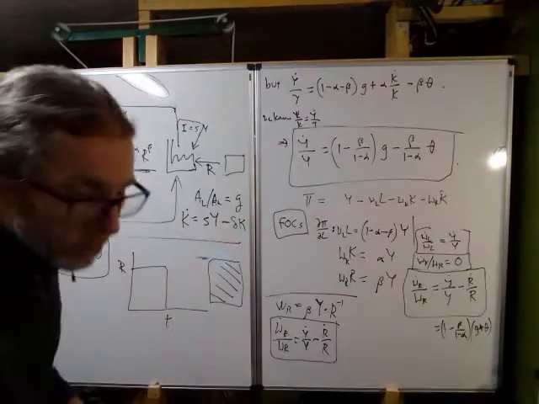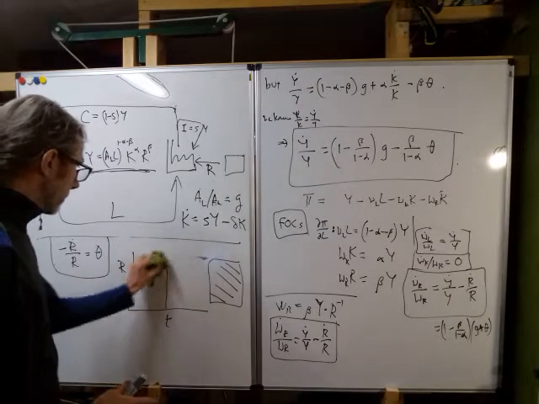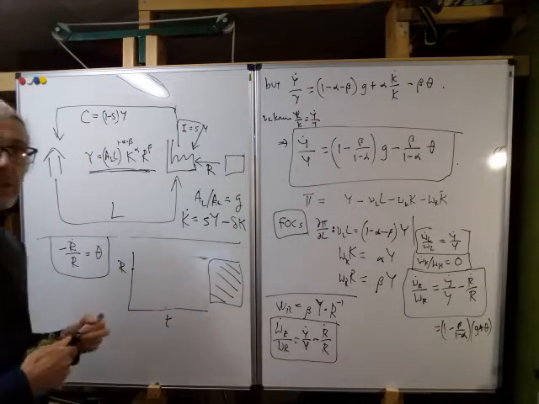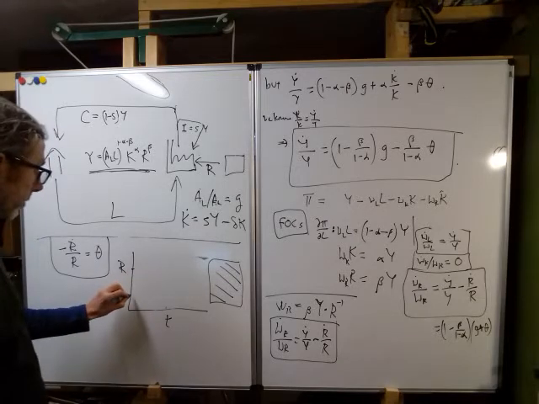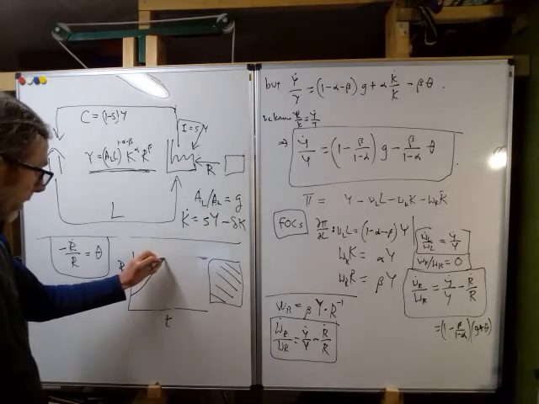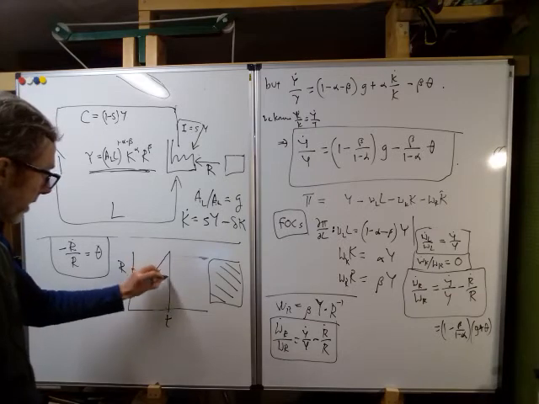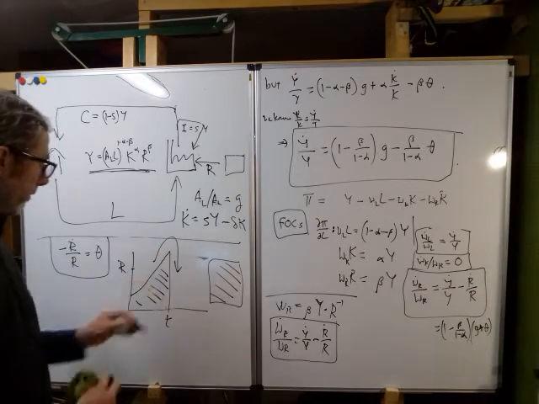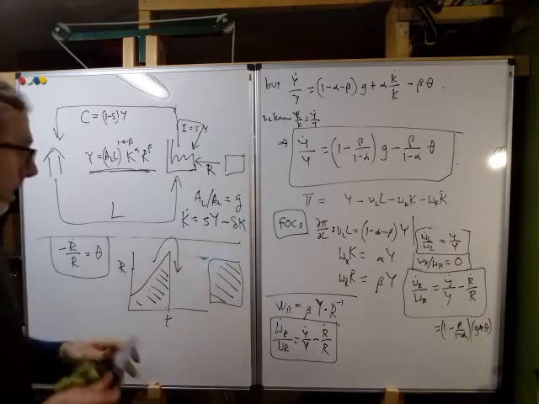Another solution, which is what the limits to growth modelers in the 70s said, is, look, this is what we're doing at the moment. When the area under here reaches this, we're going to fall off the cliff. Okay.